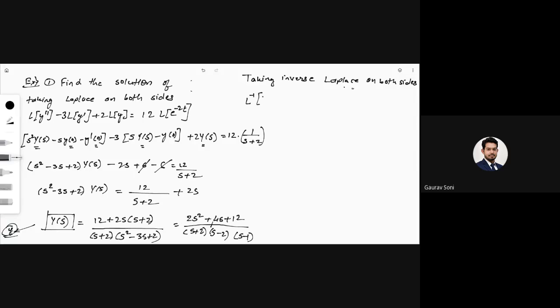Laplace inverse of capital Y of s is equal to Laplace inverse of 2s square plus 4s plus 12 divided by s plus 2, s minus 2 and s minus 1.